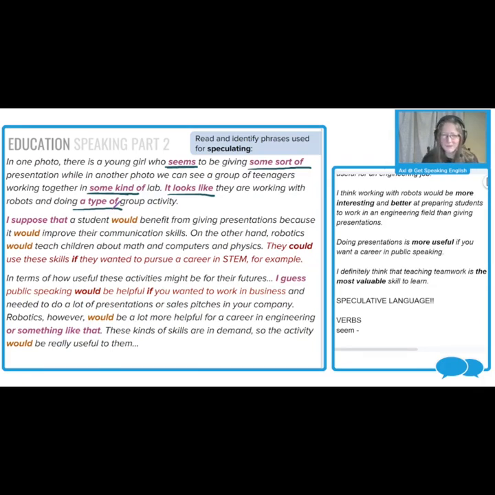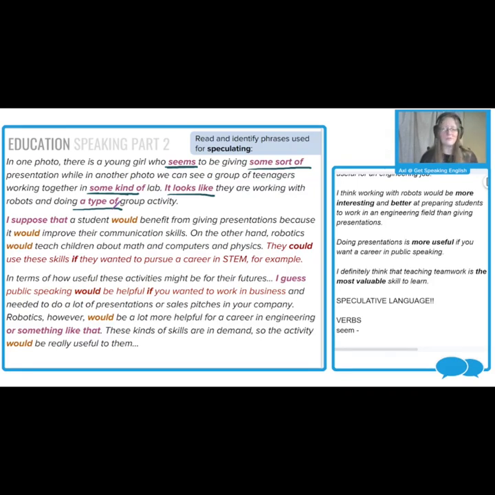In terms of how useful these activities might be for their futures, I guess public speaking would be really helpful if you wanted to work in business and needed to do a lot of presentations or sales pitches in your company. Robotics, however, would be a lot more helpful for a career in engineering or something like that. So these kinds of skills are in demand, so the activity would be really useful for them.